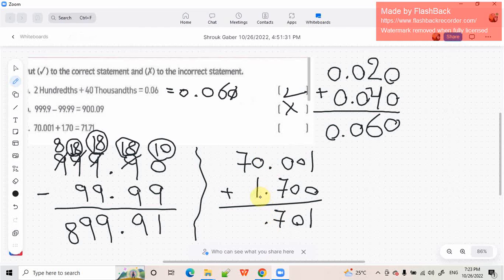Decimal point. 1 plus 0 equals 1. 7, bring down 7. So the answer will be 71 and 700, not equal to 71 and 7100. So the statement is wrong. Okay, look at the next page.